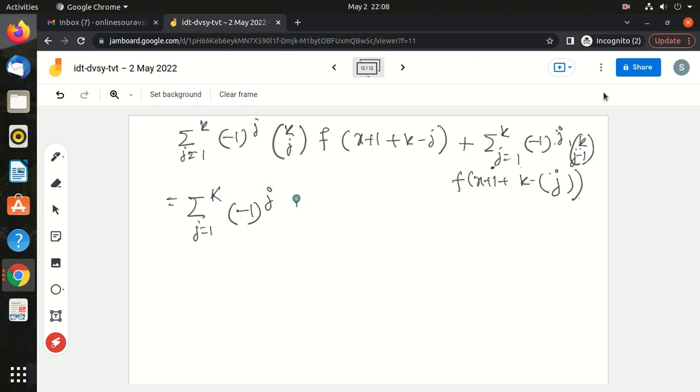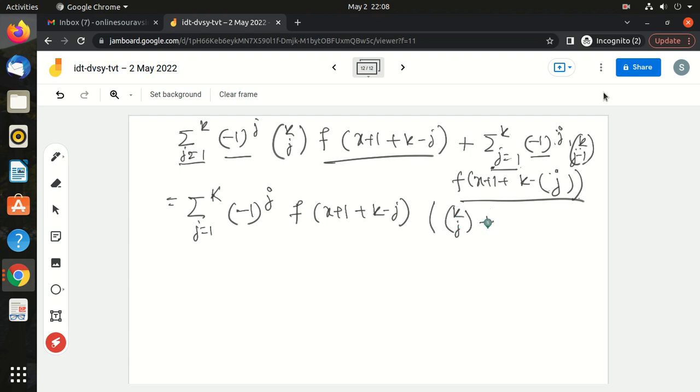So now you see that this is common, this is common, this guy is common. So you take all those things out. X plus 1 plus k minus j, and now you have k choose j and k choose j minus 1, which is actually what you wanted.